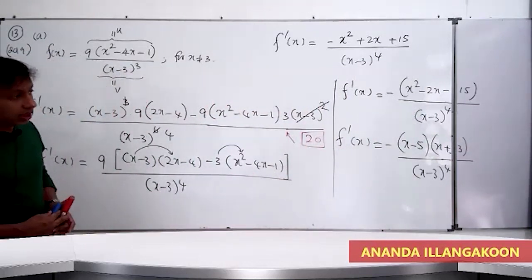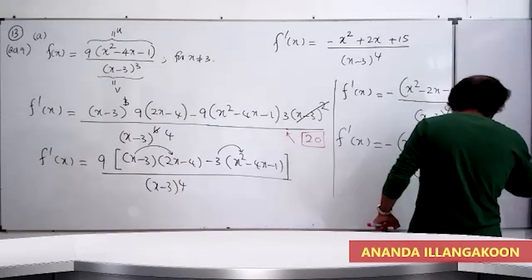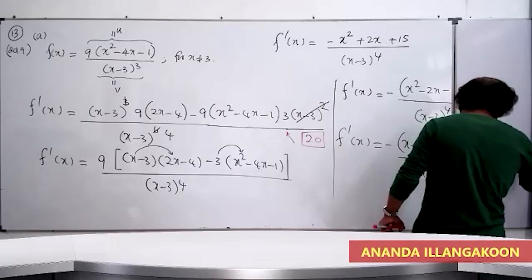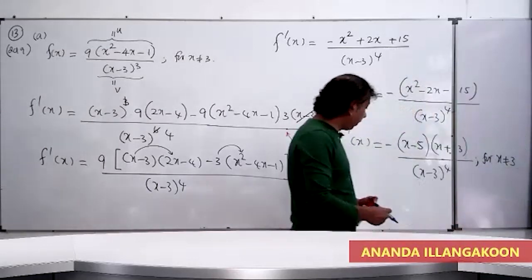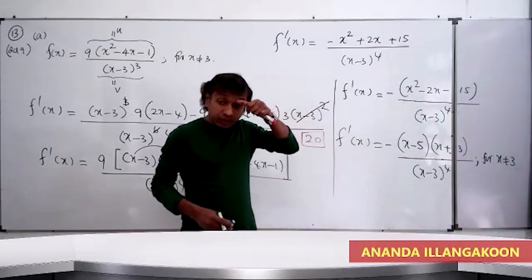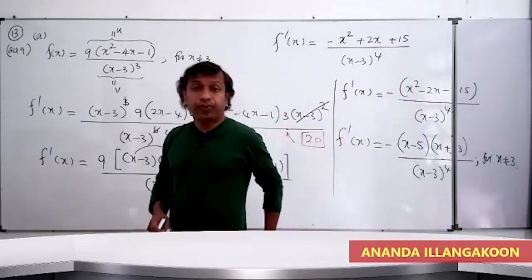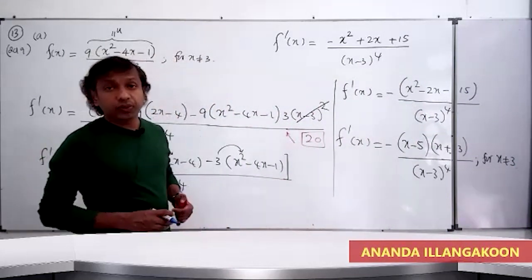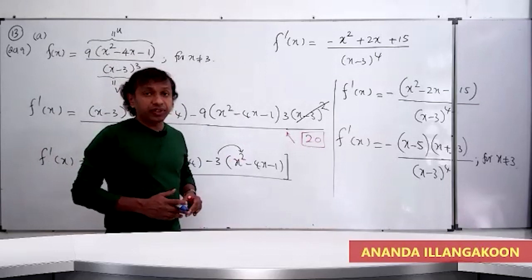And for the last answer, for x not equal to 3, that must be written here. This is true, people. When x equals 3, what happens? 3 minus 3, denominator 0. Then the expression has no meaning, no? Denominator 0 means the fraction goes to infinity. Infinity means a meaningless answer, right?